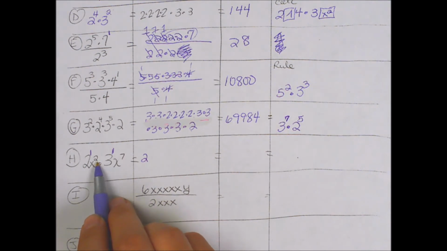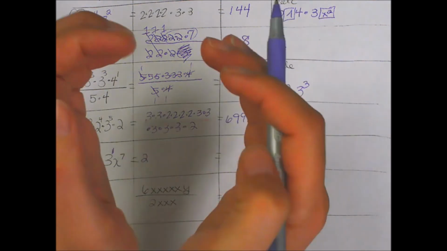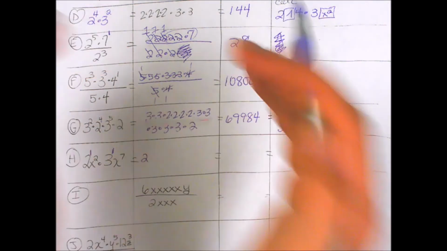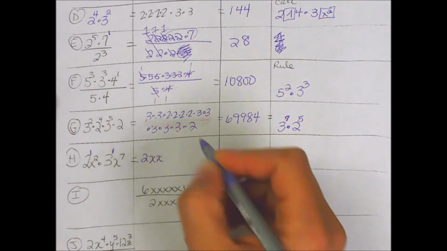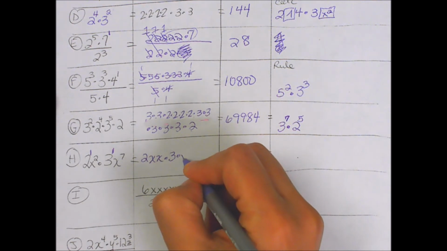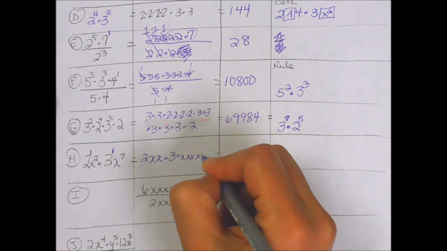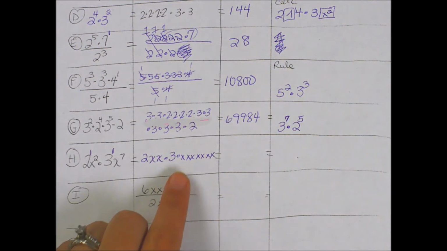It does not belong to the 2. If I wanted it to belong to the 2, I'd group that together with parentheses. Okay, so there's 2 x's. X times itself twice. There's 1, 3, and x times itself 7 times: 1, 2, 3, 4, 5, 6, 7. I don't have to write a times in between letters. It's implied. I don't have to write a times in between a letter and a number.